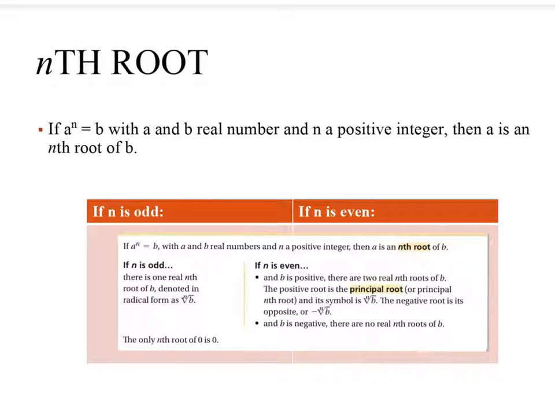We'll do some examples, different ways of thinking about this. So let's start with the example where n is odd. I'm just going to use cube root because it's easy to wrap our head around. If I have the cube root of 8, then there's only one here. 2 times 2 is 4, times 2 is 8.